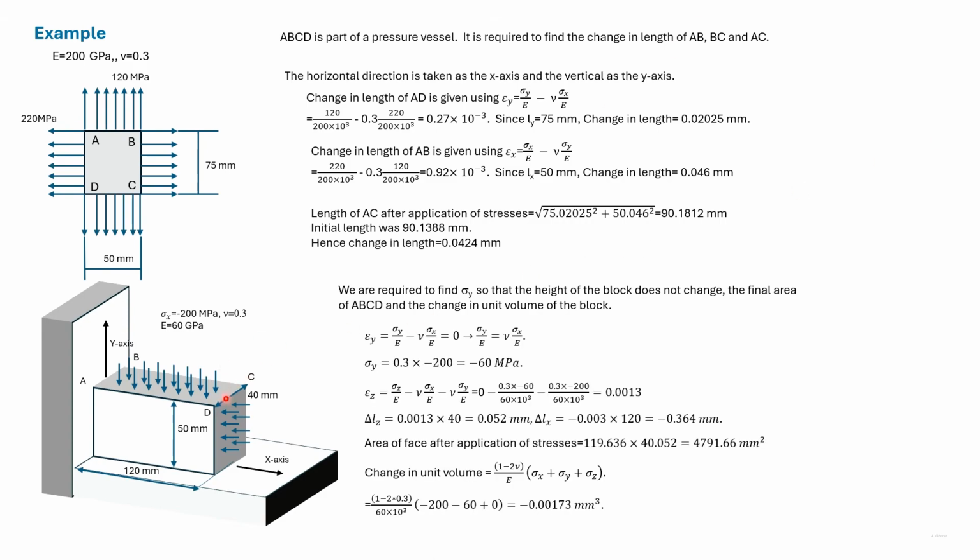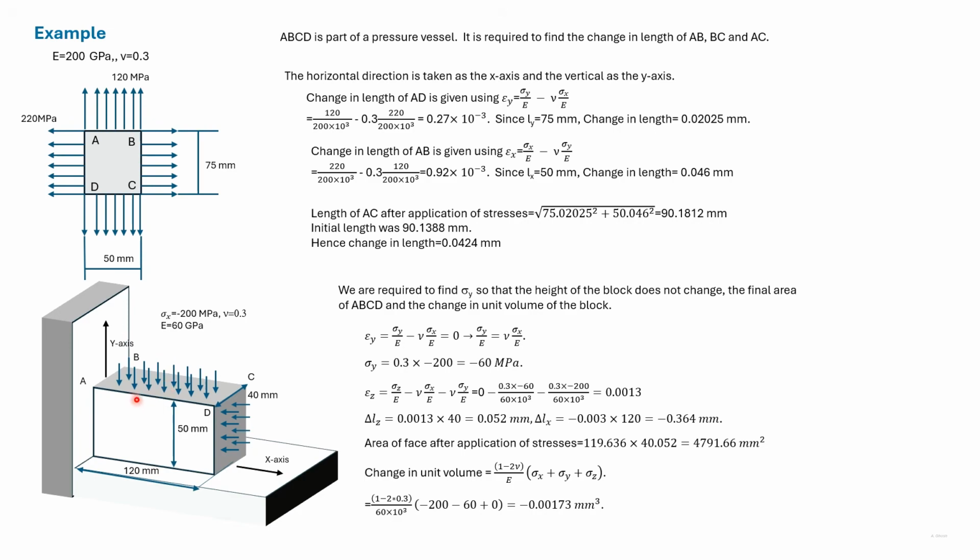We are asked to find the change in area of ABCD and also change in the unit volume of the block. To start with, we find out the value of sigma y.